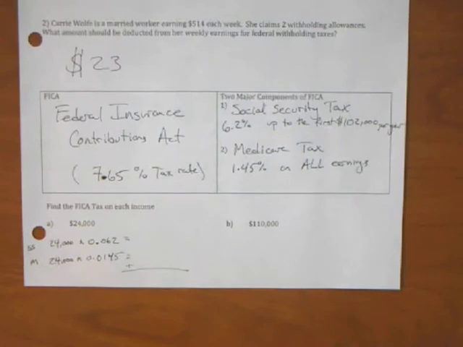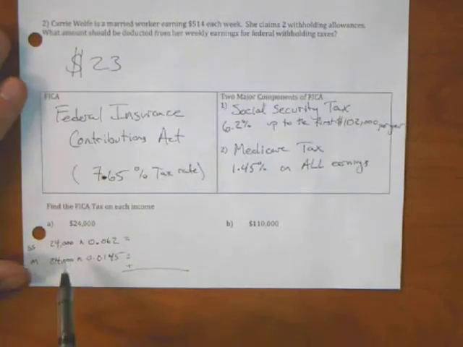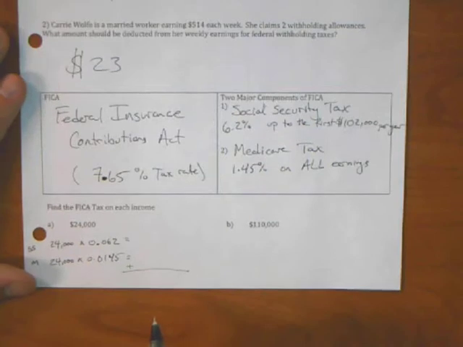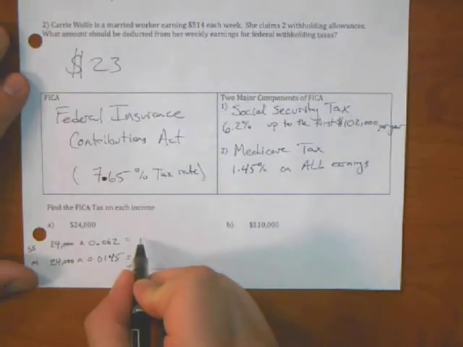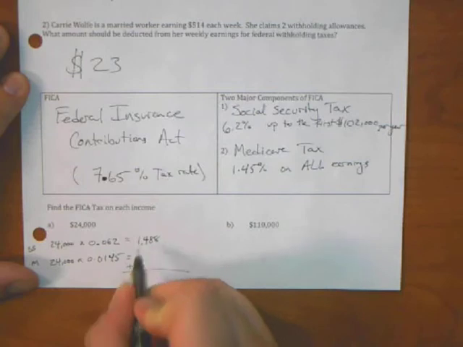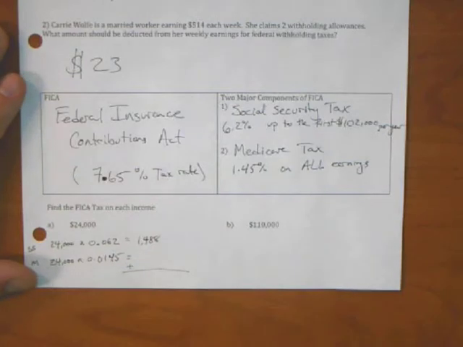So let's see. Can someone find the Social Security for us first? 1,480. Yeah, I got the same thing. I'll go with you there. 1,480 for the year.